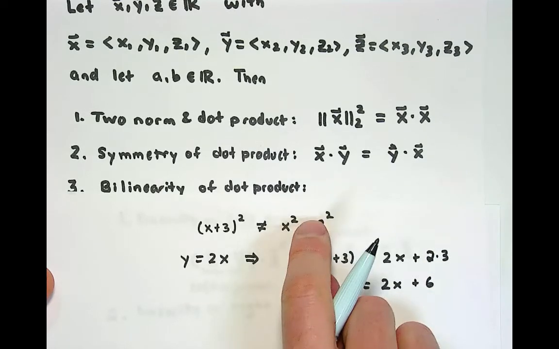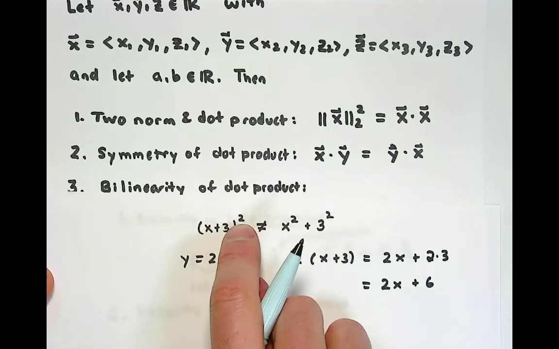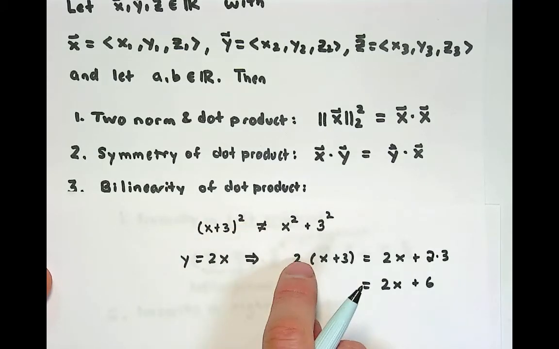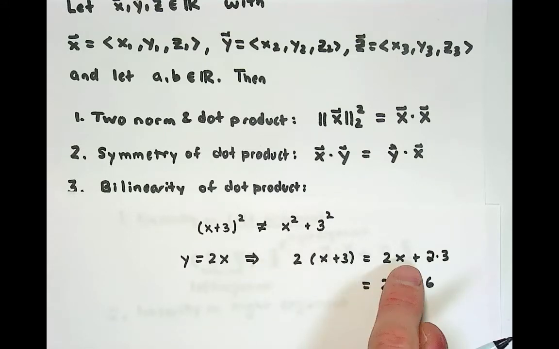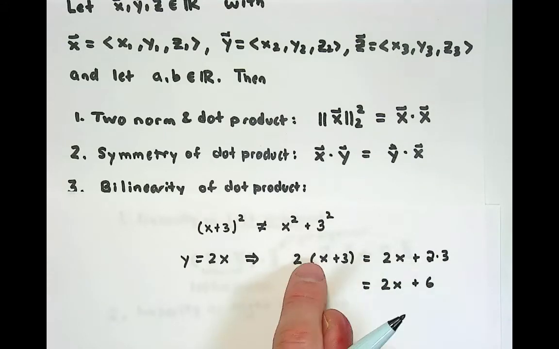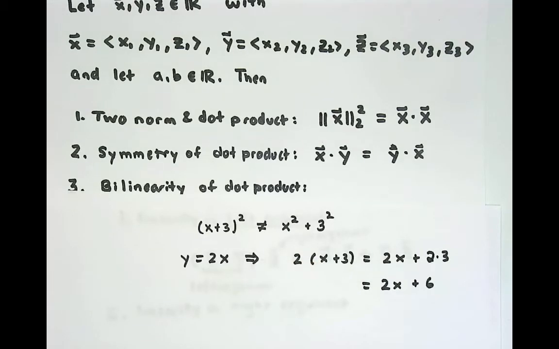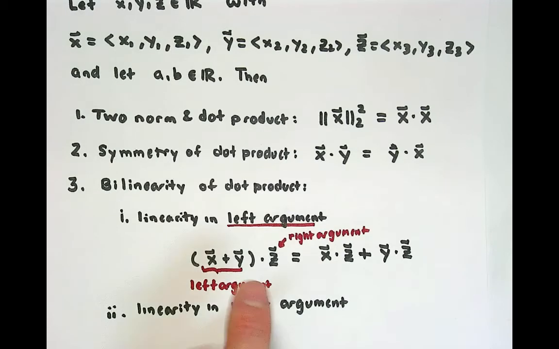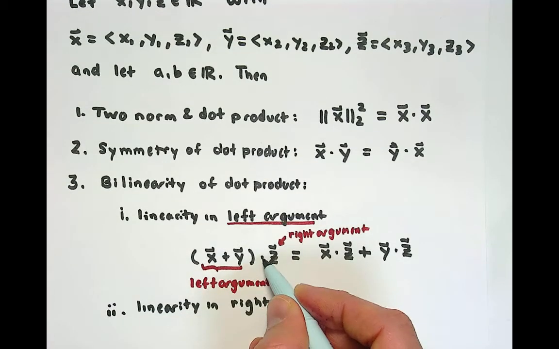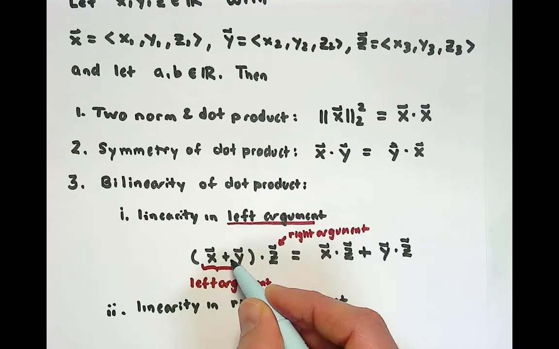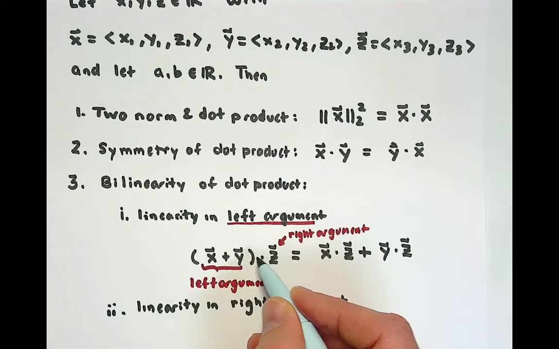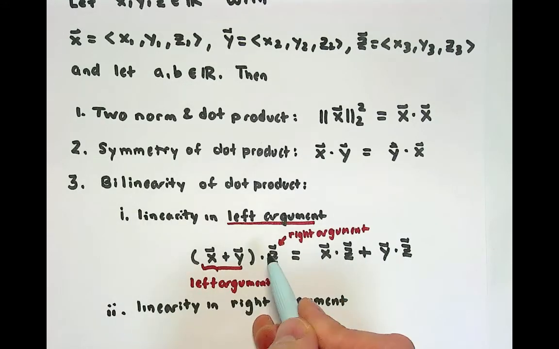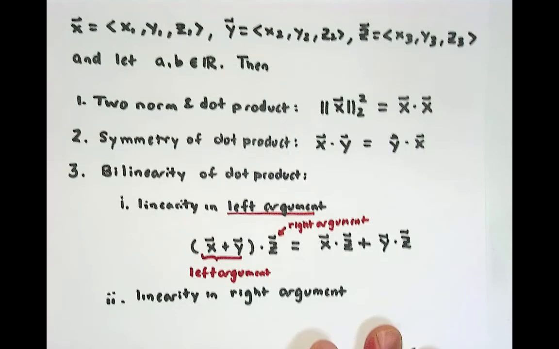The square does not get passed to both arguments. This is nonlinear. In lines through the origin in particular, the operation of multiplication passes through the operation of addition. This is a fundamental property of linearity. And that's what's going on here. You have a multiplication operation and an addition operation, and it just so happens that this operation is linear because they pass through each other. Do you see it? Distributing through.